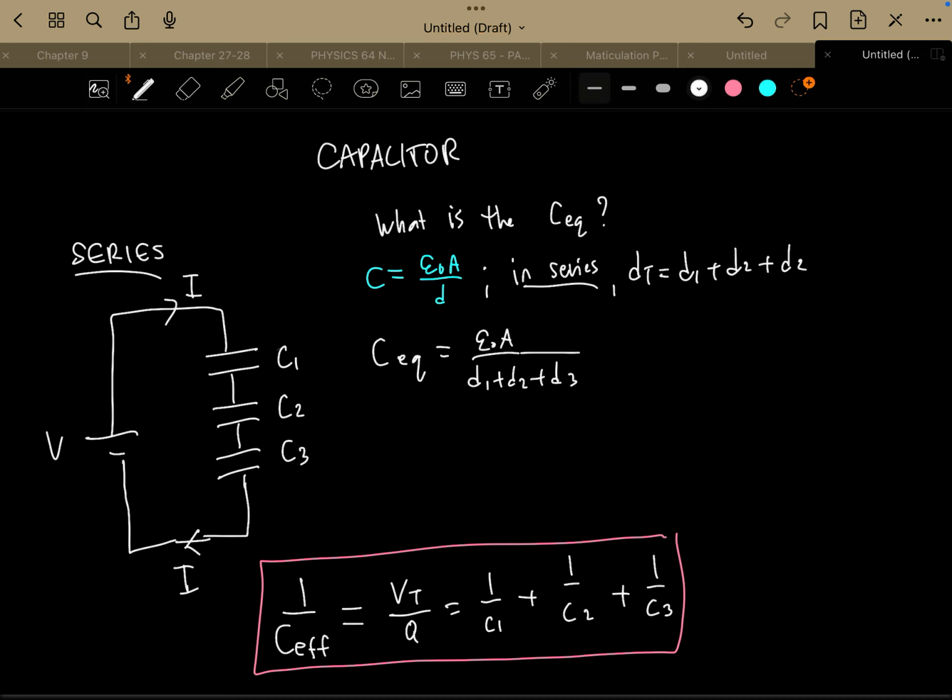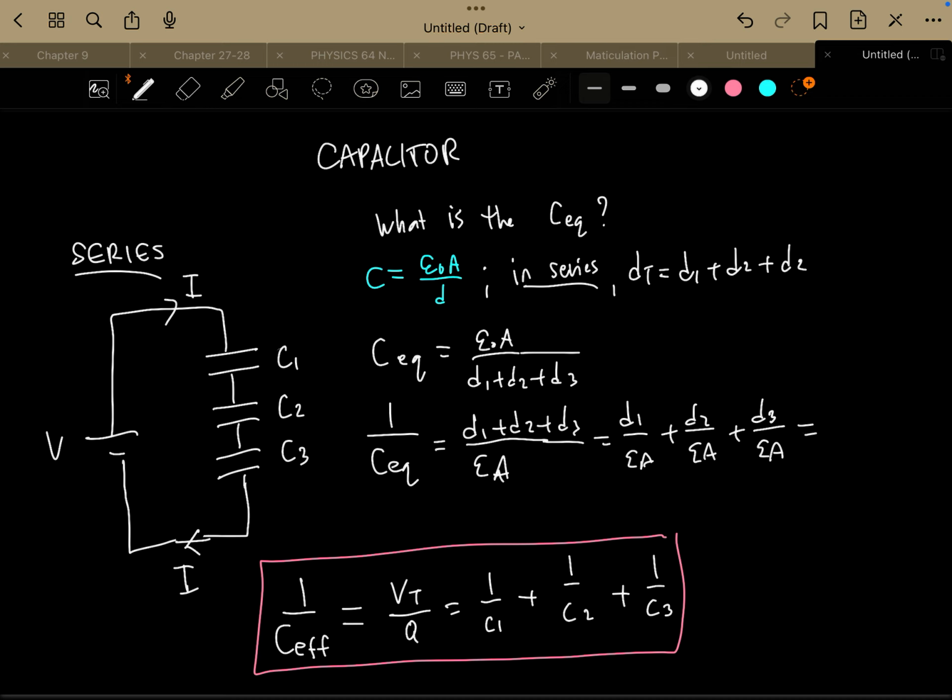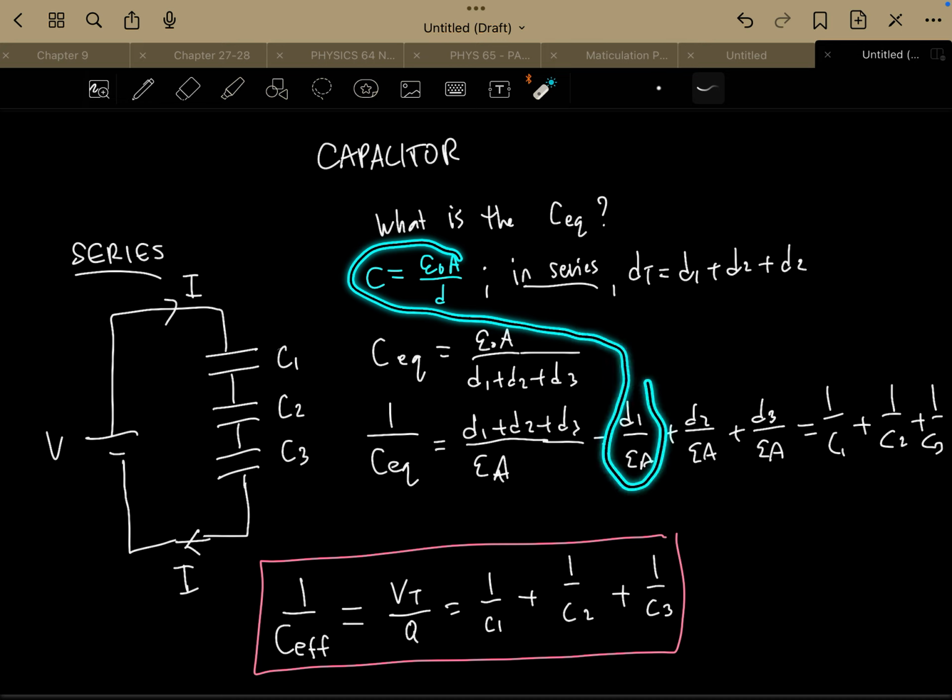So if I were to inverse this, which is the same as taking this, which is the same as 1 over C1 plus 1 over C2 plus 1 over C3, kan? Sebab this is just the inverse of C. Make sense? Hopefully that makes sense.